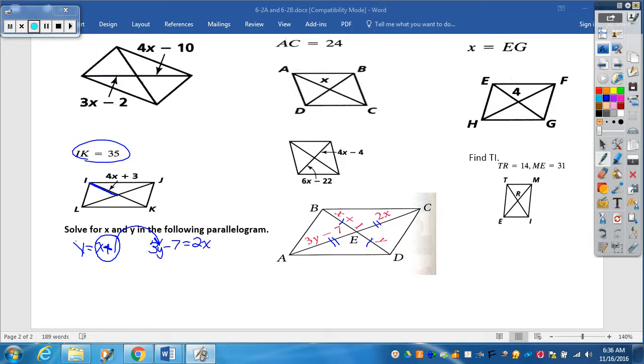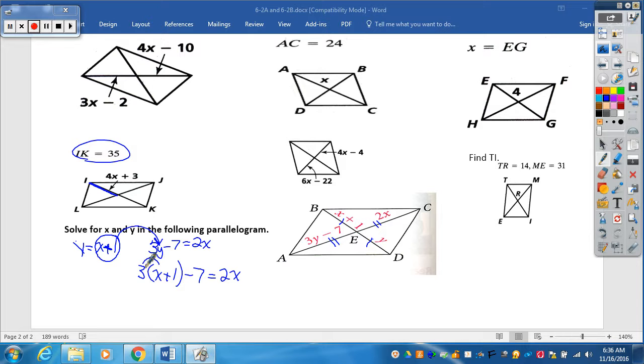Okay, and so, if y equals that, I've already got y by itself, I can substitute that in. So if I go ahead and do this, 3 parentheses x plus 1 minus 7 is equal to 2x. Now we can go ahead and solve for x. Now again, you guys can probably do it faster than I can up here on the board, but if you want to fast forward and try to work it through quickly, that's fine with me.